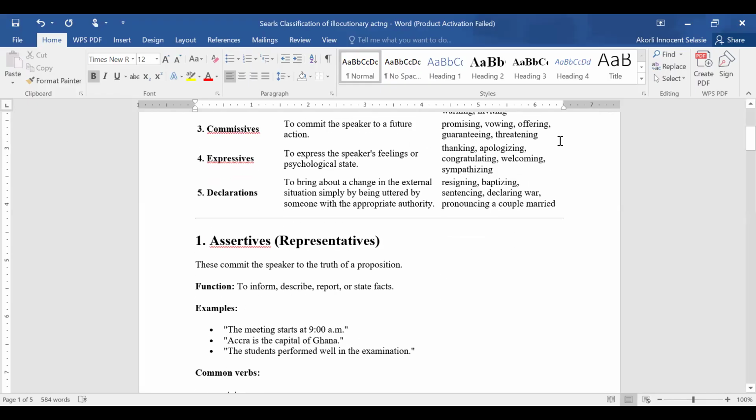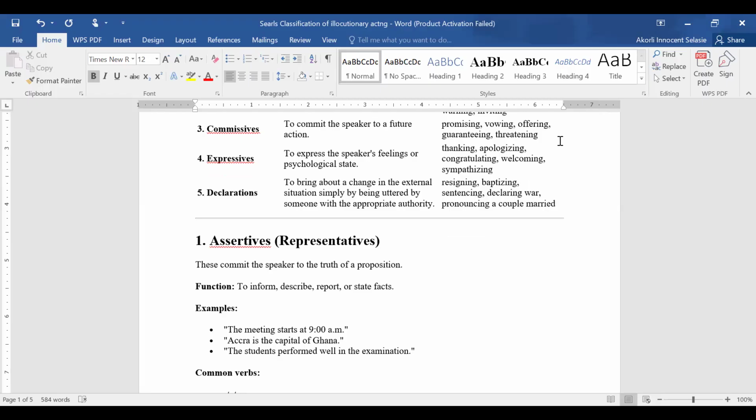Let's say somebody says, you are dismissed. Of course, not you, don't be dismissed anyway. Somebody tells somebody, from today, you no longer work here. That means the person who is making the statement has authority. So declarations have to do with authority.